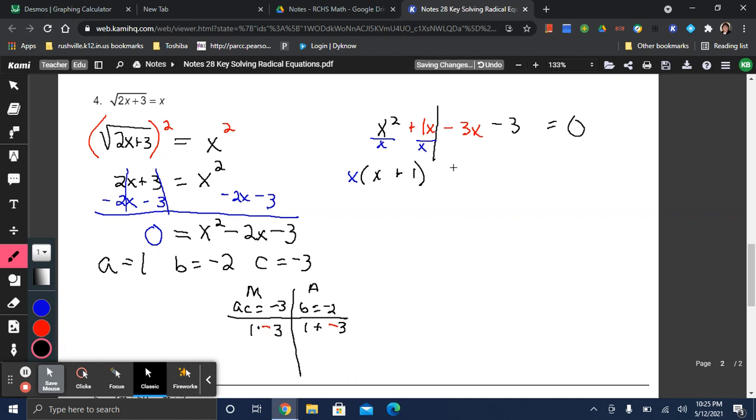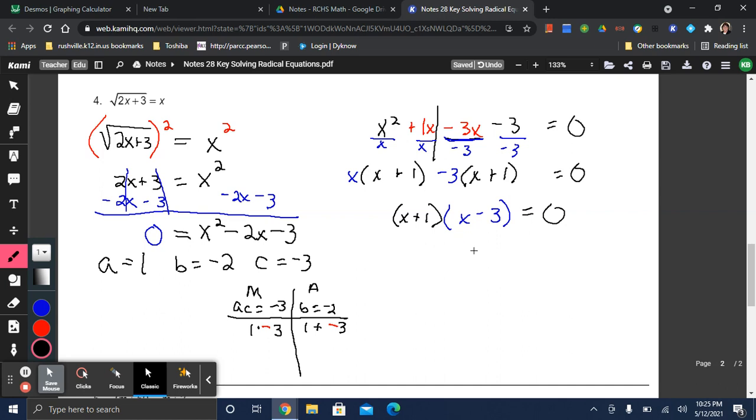On the next part, we can divide by -3. So we'll bring down the -3, and that's going to give us x plus 1. Then remember the equals 0. So our matching parentheses, x plus 1, and our other parentheses, x minus 3, and then equals 0.